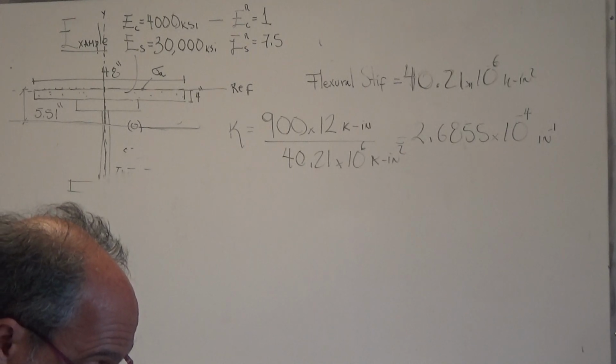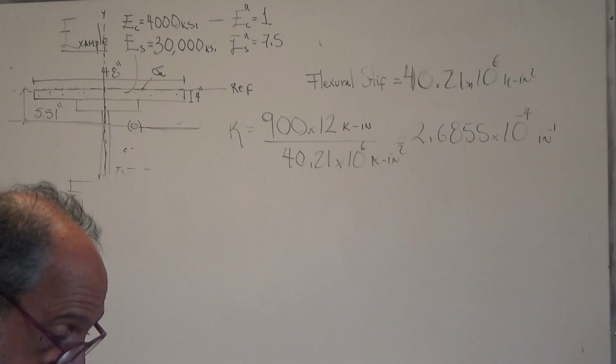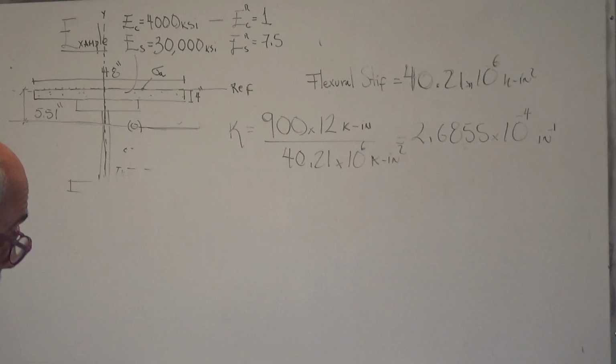That is 2.68 times 10 to the minus 4. Okay, so that seems to be correct: 2.68 times 10 to the minus 4 inches to the minus 1.